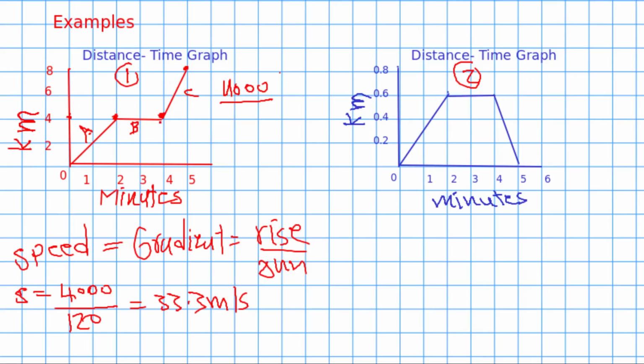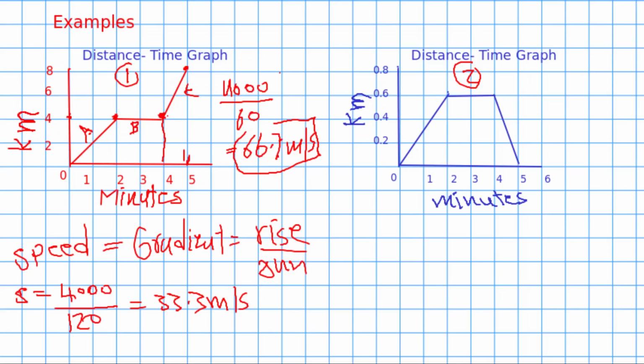By the time. The corresponding time to these points is 1 minute, as you see. 1 minute is 60 seconds, because we converted minutes to seconds. So 4,000 divided by 60 is equal to 66.7 meters per second. So that's our speed in this section.